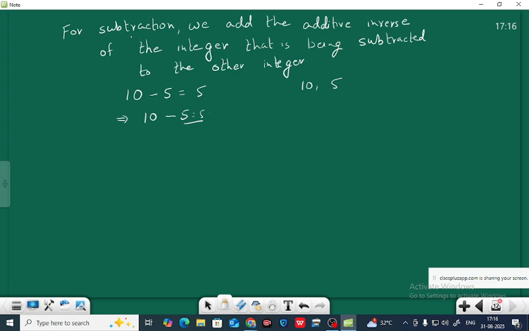In this way, you can subtract using the additive inverse of the integer. The additive inverse of 5 is minus 5. The additive inverse of minus 5 is 5. In this way, we can subtract, right?